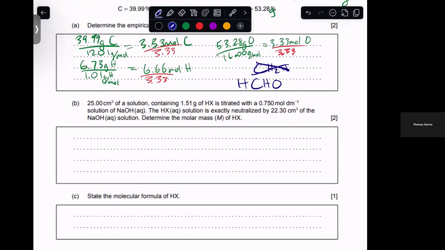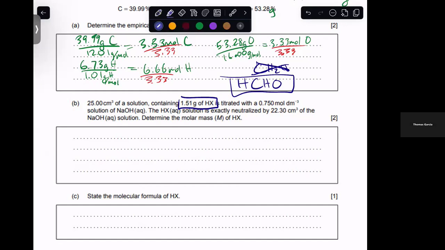Moving on to B, 25 centimeters cubed of a solution containing 1.51 grams of HX is titrated with 0.750 mole decimeter cubed solution of NaOH. The HX aqueous solution is exactly neutralized by 22.30 centimeters cubed of NaOH. Determine the molar mass of HX.